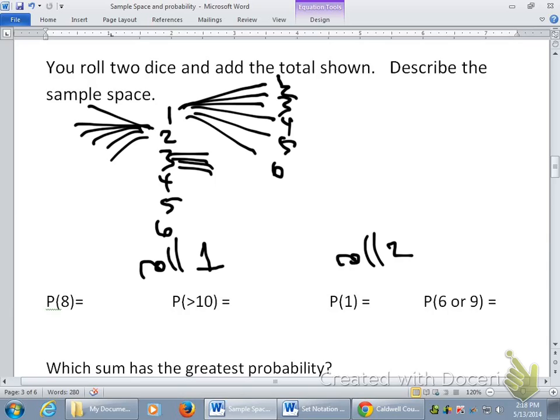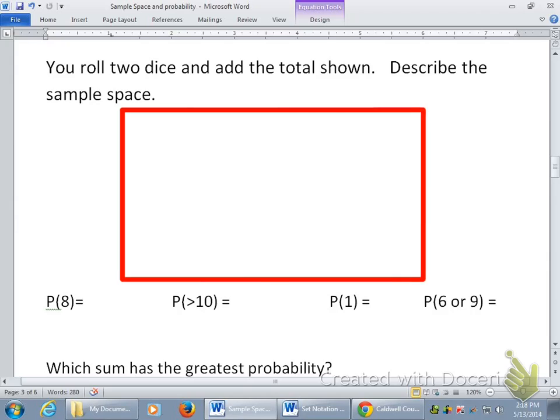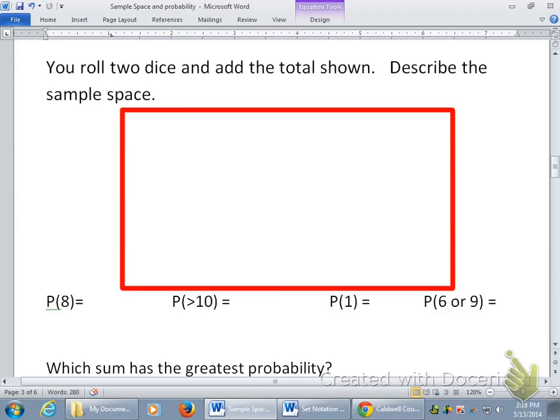What we would do is, because we recognize that a tree diagram is going to get very ugly very quick, we don't want to go about doing it that way. Instead, we would be much better off creating a table. A table would work out really well for us in this situation, because we're only talking about 2 events.